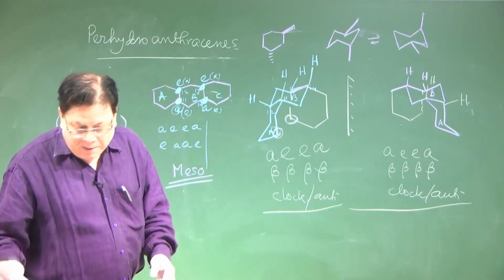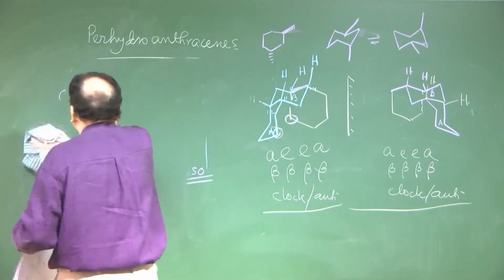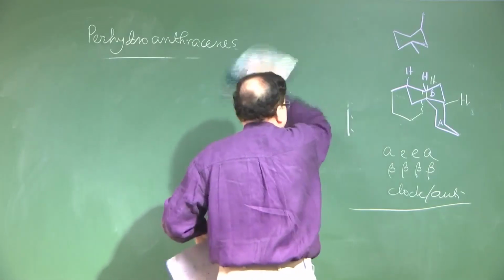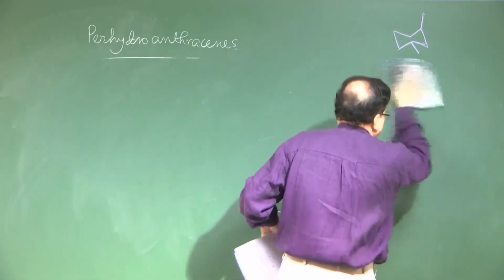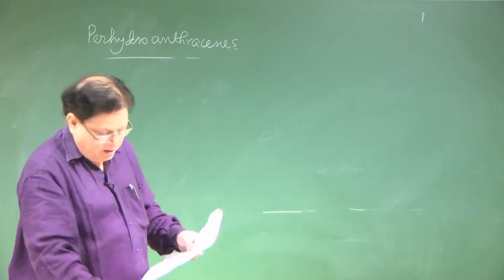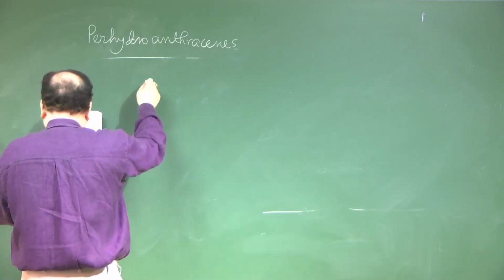I think since there is little time left, we can take another molecule and then try to draw it, to make it more clear. I think we have not done the CTC.